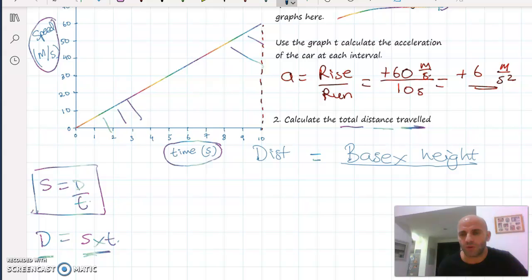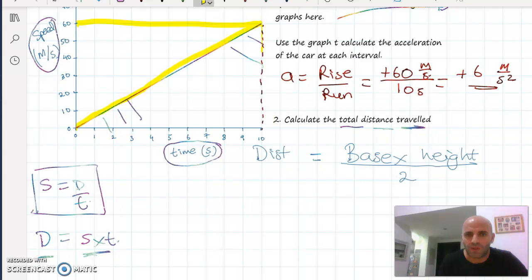You can tell why you divide it by 2: if you look at this one here, let me just shade it for a sec. If I was just to take the base times the height, that would give me the area underneath this entire line here, but that's not what I'm after. I need exactly half of that, so you divide it by 2.